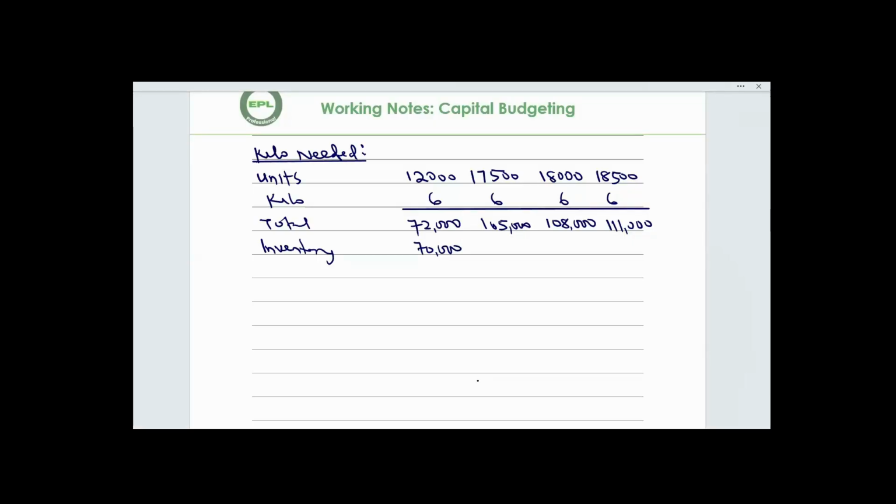Out of the 72,000, you already have 70,000. Therefore, how many kilos do you then need in year 1? Only 2,000 kilos of material Z will be bought in year 1. In year 2, we are going to buy 105,000. Year 3, 108,000. Then in year 4, 111,000. These are the kilos needed.